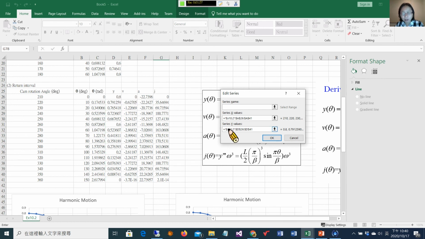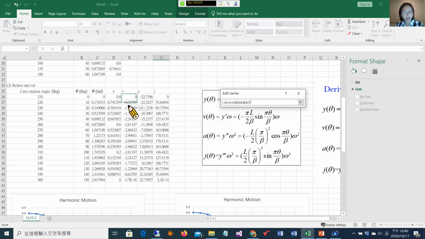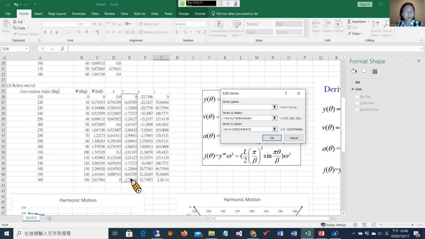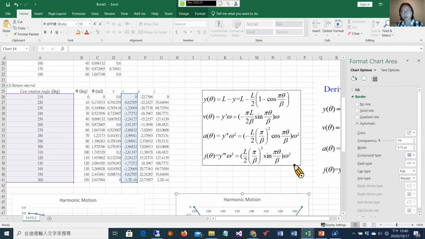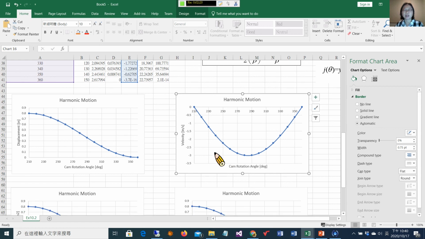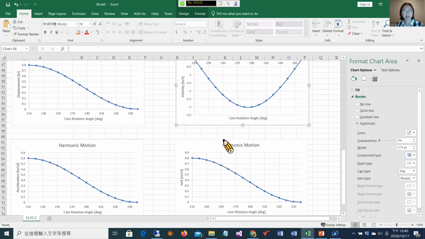So I delete here and come to the cell address E26 and we select it to E41 and enter and OK. I get a velocity diagram here.